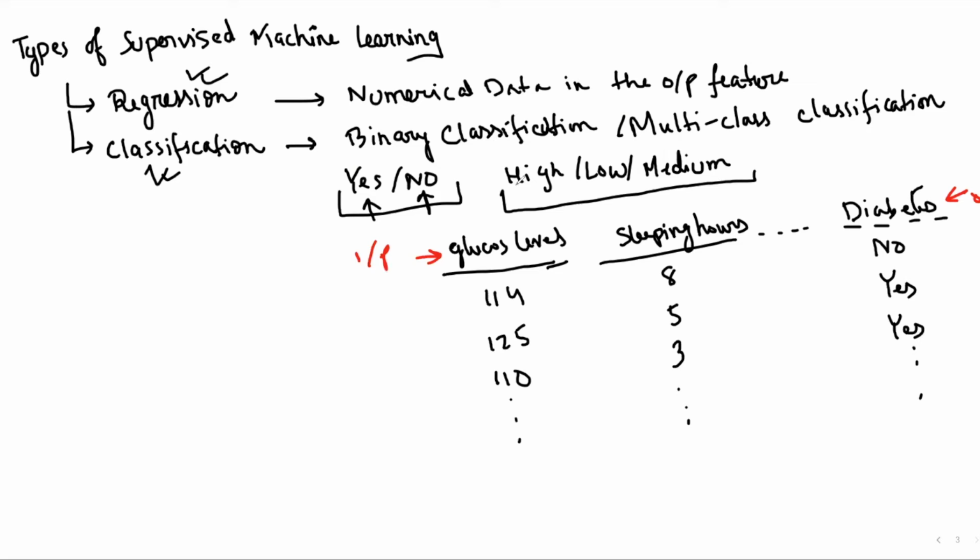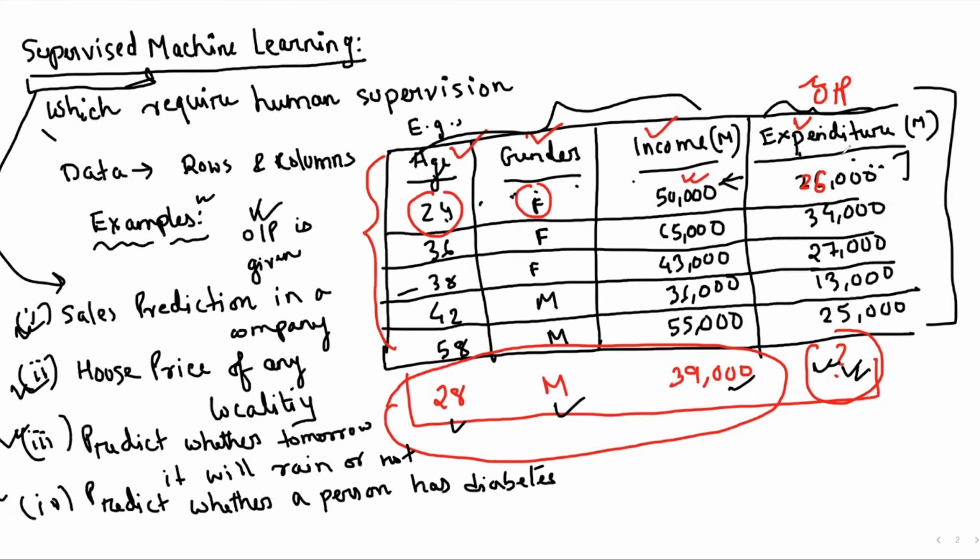If you see this kind of data, you can easily know that first of all, it's supervised machine learning because the output is given. Secondly, it's a classification problem because it deals with 2 classes. The data is not numeric. In the other example, it's numeric data. Here, this is not numeric.